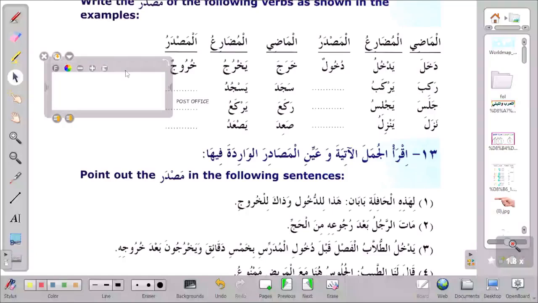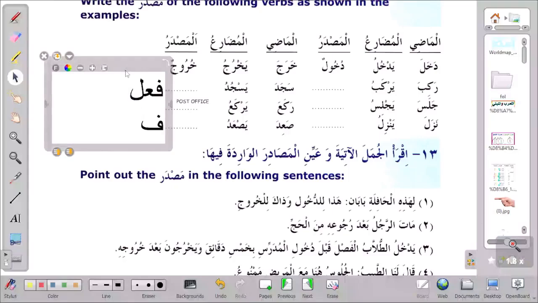Assuming you have the verb fa'ala, the masdar we are learning in this lesson comes on the scale of fu'ulun.